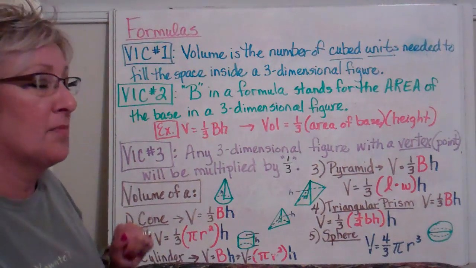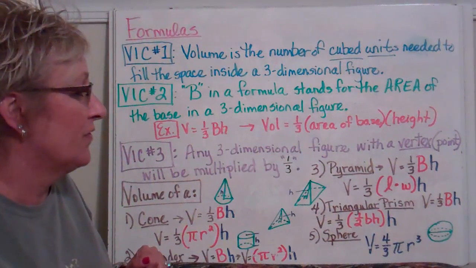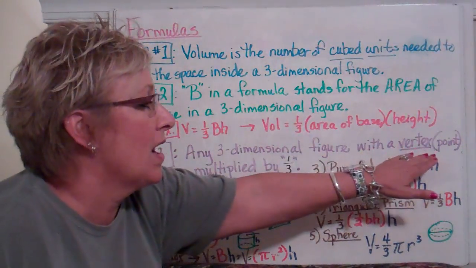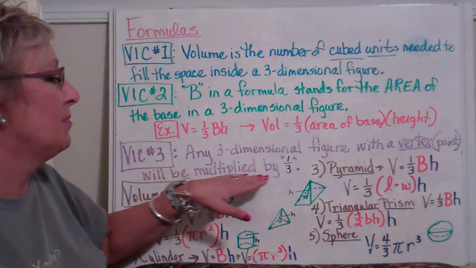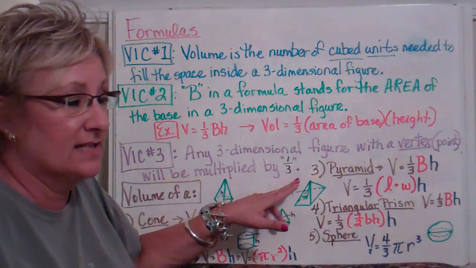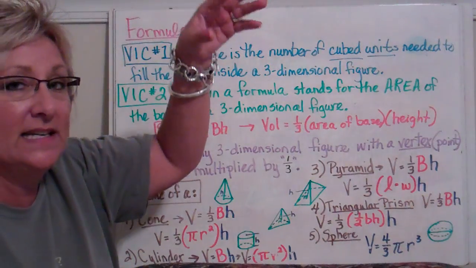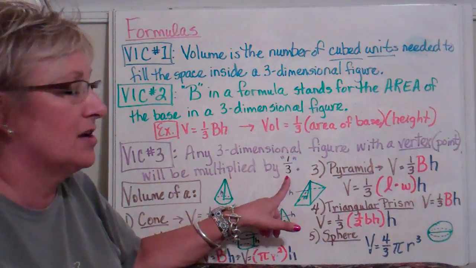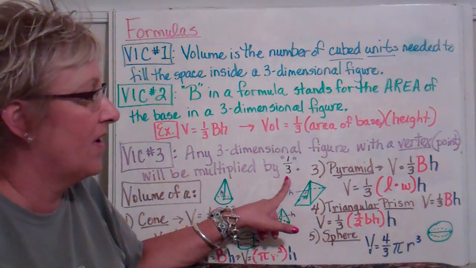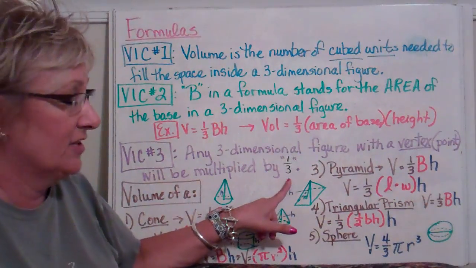Very important concept number three: any three-dimensional figure with a vertex or a point will be multiplied by 1/3, because it is going up to form a point. So it'll just be 1/3 the volume of a cylinder.